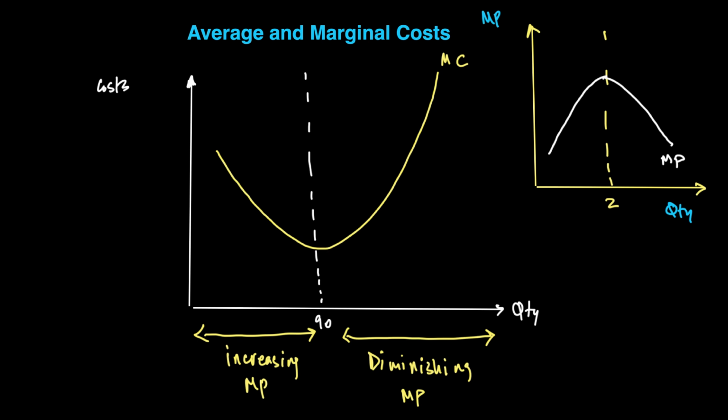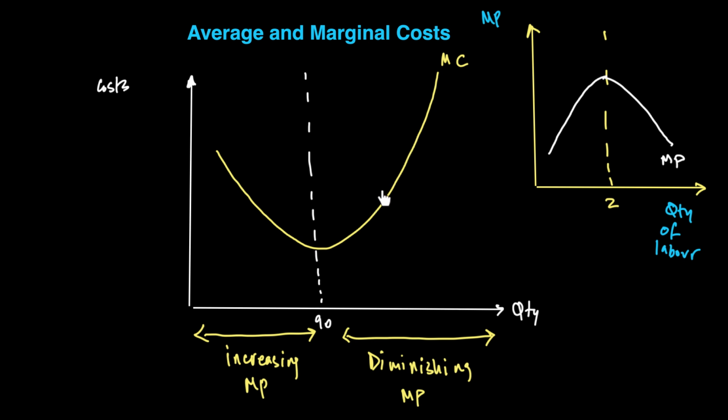But that also means that fewer additional workers are needed to produce an additional unit of output, because workers are very productive. Beyond the two workers, however, things become different, because after the first two workers, MP starts to fall, or diminishing marginal return sets in and MP falls, which also means MC starts to rise.